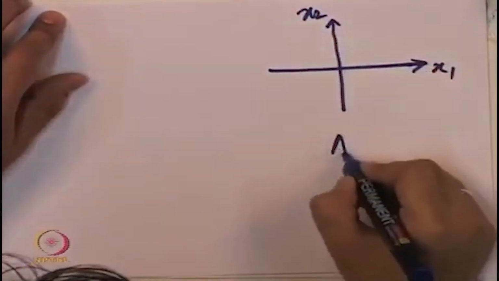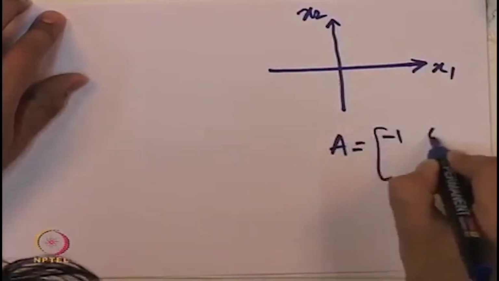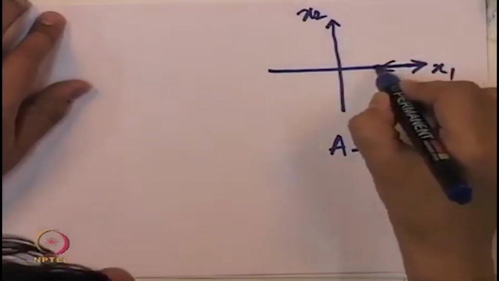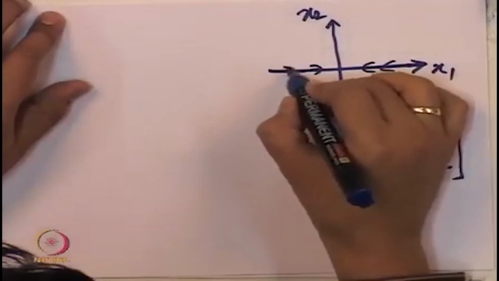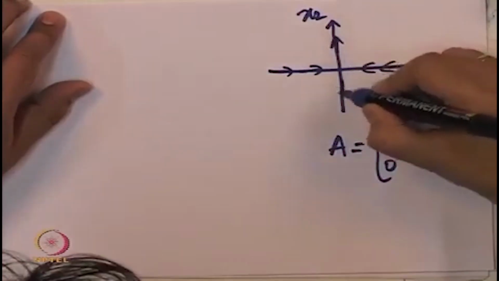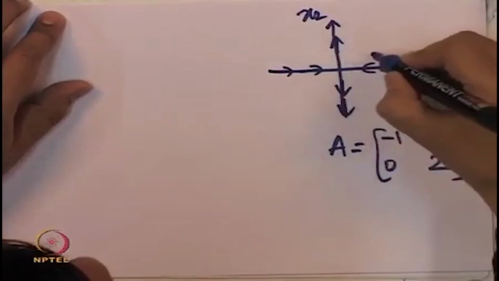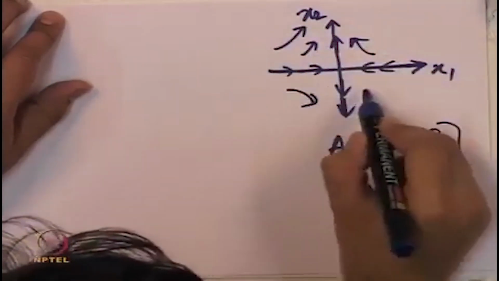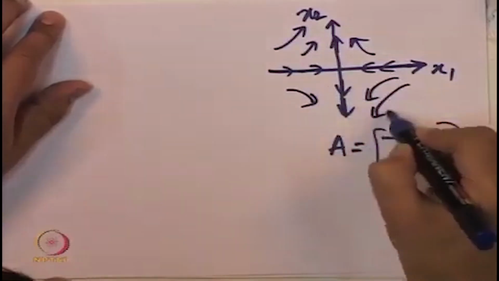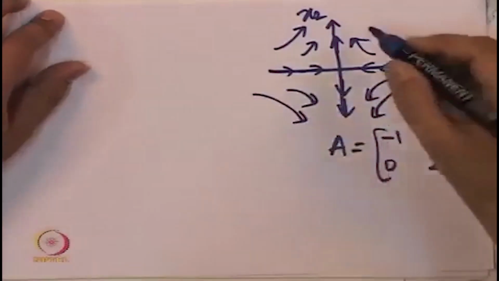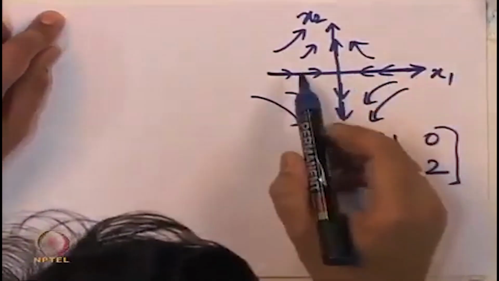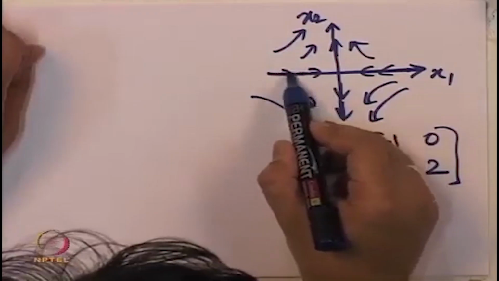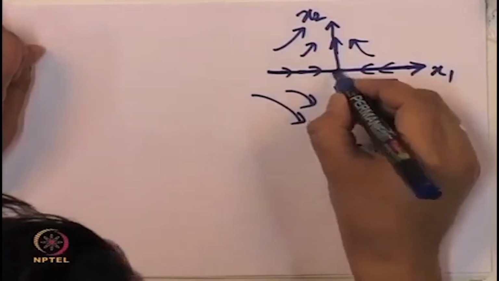Because A is equal to [-1 0; 0 +2], along the x1 direction it is approaching the origin, while along the x2 direction it is going away from the origin, and any other point is a superimposition of these two features. So unless the x2 component is equal to 0, which means we are along the x1 direction, all trajectories are going away.